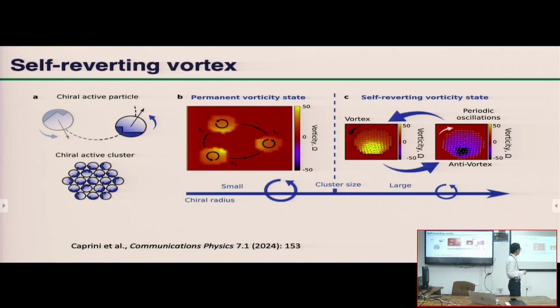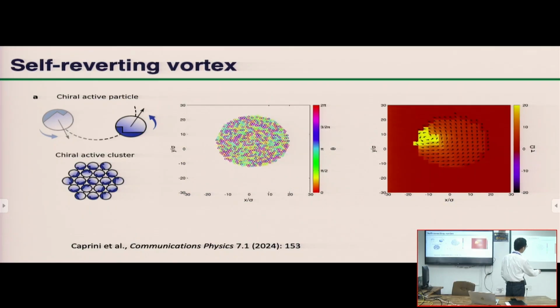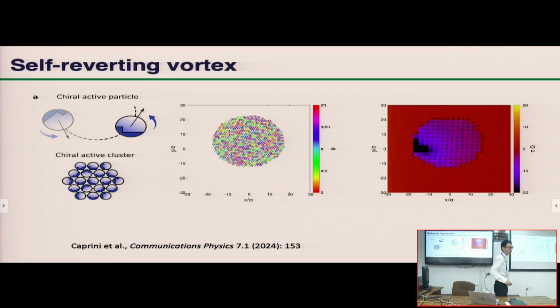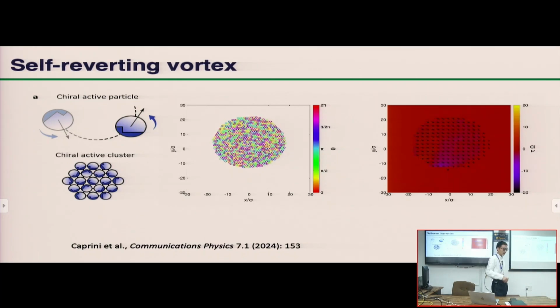And in another case, this spinning cluster reverses its spinning direction. So here's an example of that. This is again a simulation. Initially it spins in one direction, but then changes over time, and this is more or less regular, periodic over time.